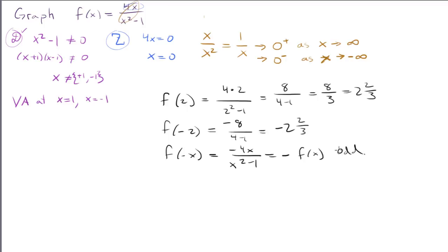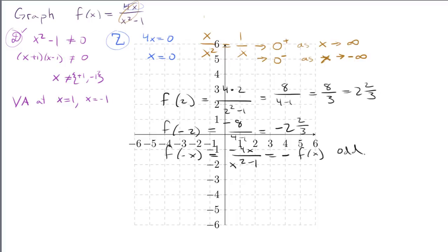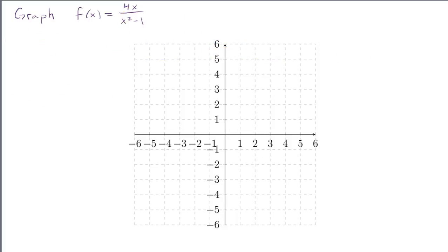So I think we're ready now to go ahead and graph this. I'm going to pull up my axes and mark off my vertical asymptotes. Mark off the first vertical asymptote at negative 1. We mark off the second vertical asymptote at positive 1.